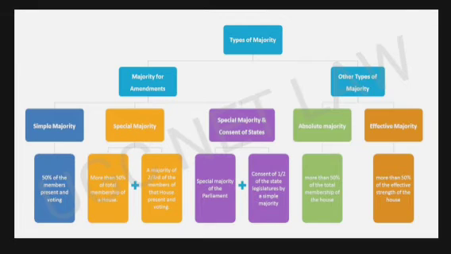But you can see here in special majority and consent of states, one side is special majority of the Parliament, whereas the other side is consent of half of the state legislatures by a simple majority. So, simple majority is for 50% of the members present and voting.